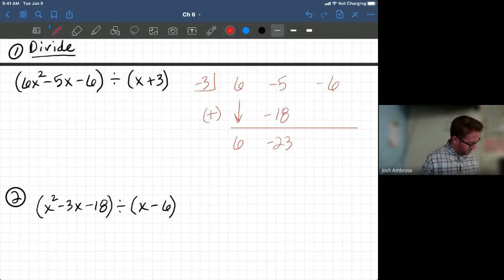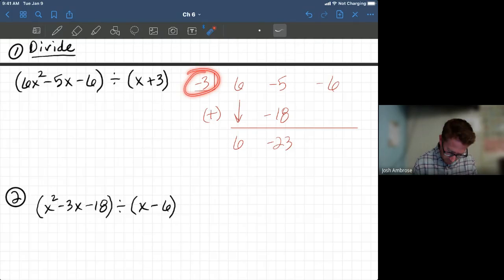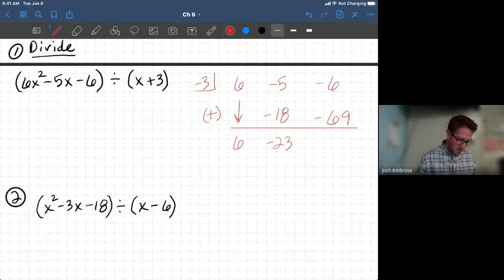Okay. And then you're going to take the -3 and multiply it by the -23. And that's now going to give you -69, and -6 and -69, giving you, wait, what was that?